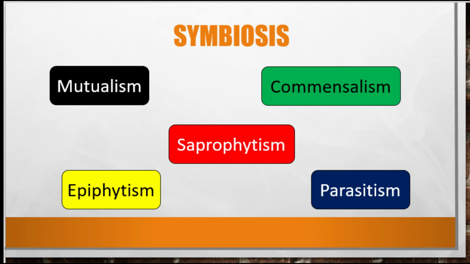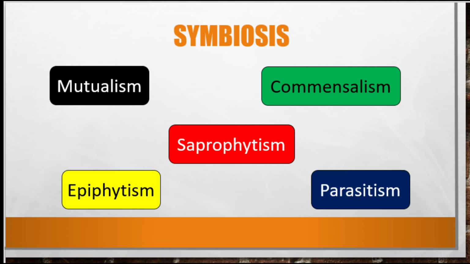That is commensalism. With commensalism, the relationship between two living organisms of different species is beneficial to one but does not affect the other. So with commensalism, one benefits from the other but doesn't affect the other.